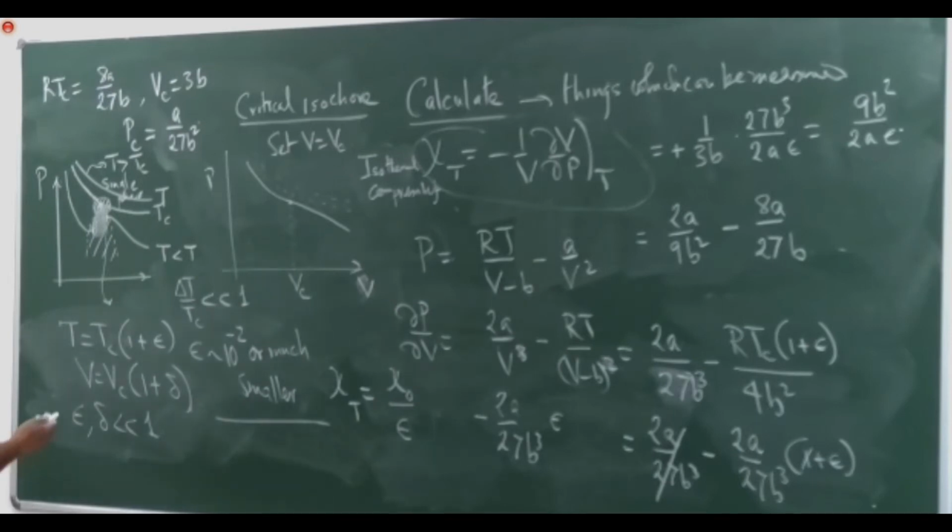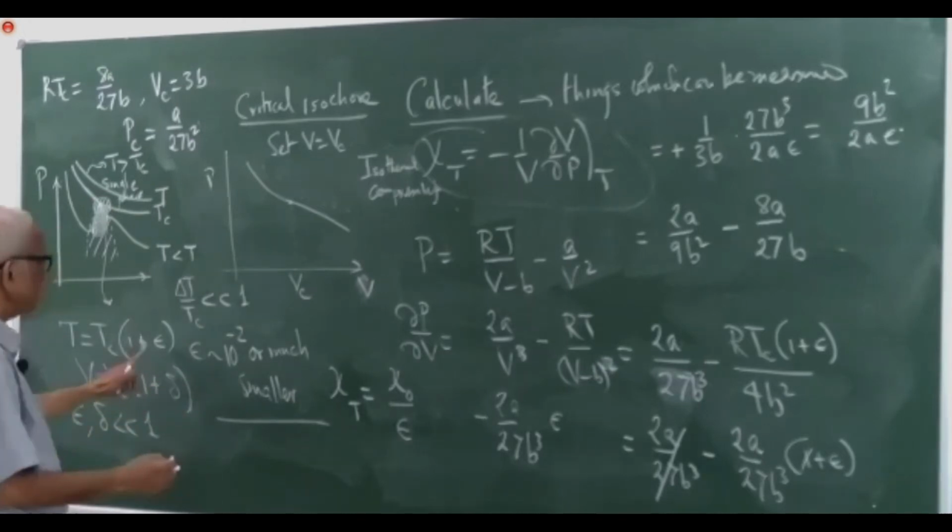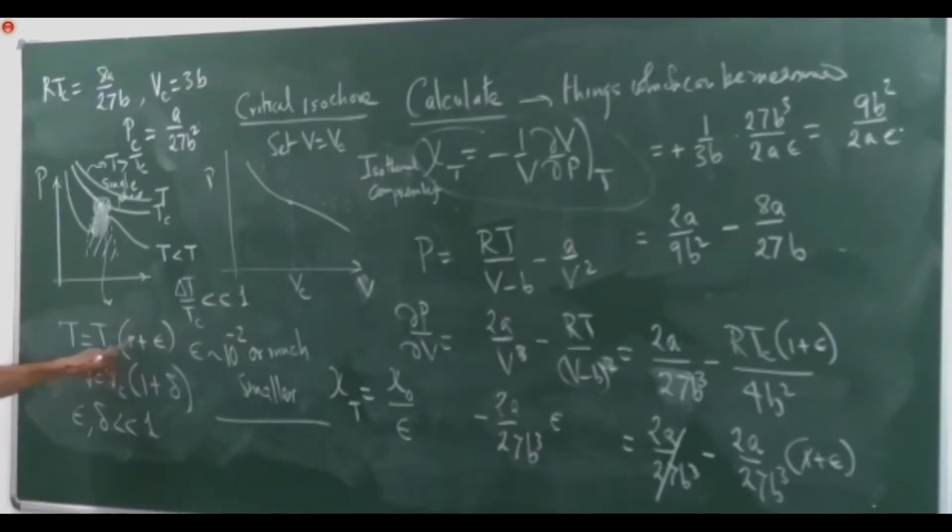Epsilon is T minus Tc over Tc and is the same thing for every gas. Tc can change, but epsilon is something that you fix according to this definition of it over here.